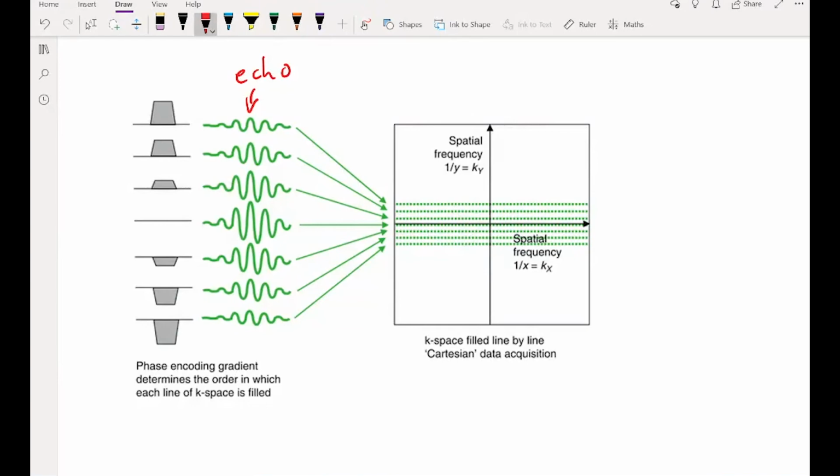But let me go back here and say, if we want to vary our phase encoding information, all we need to do is either apply a phase encoding gradient of a different magnitude, which is what's being done in this example, where each of these boxes is a different height, either positive or negative.